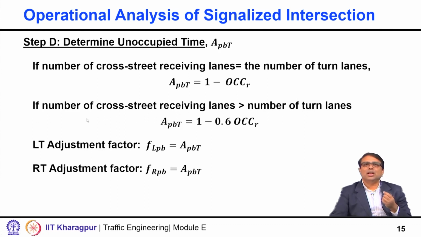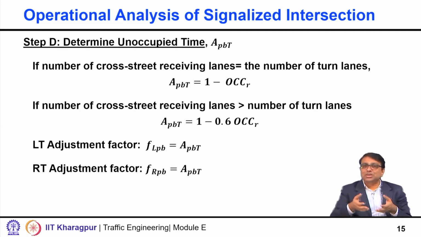Now, if the number of cross street receiving lanes is greater than the number of turn lanes, then what will happen? Number of turn lanes may be 1, but the number of cross street receiving lanes is more than that, or it is 2 and there it is more than that.